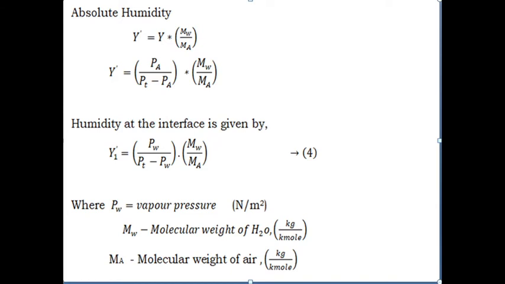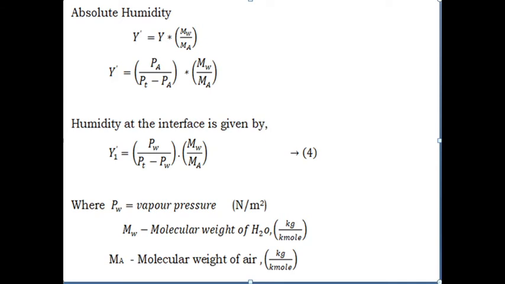So Mw by Ma. Humidity at the interface. Interface is nothing but where the liquid is converted into vapor. The vapor is present at the interface. That's why instead of the partial pressure, we are going to use the vapor pressure here. Y1 dash at condition number 1, the interface, so Pa is equal to capital Pw.